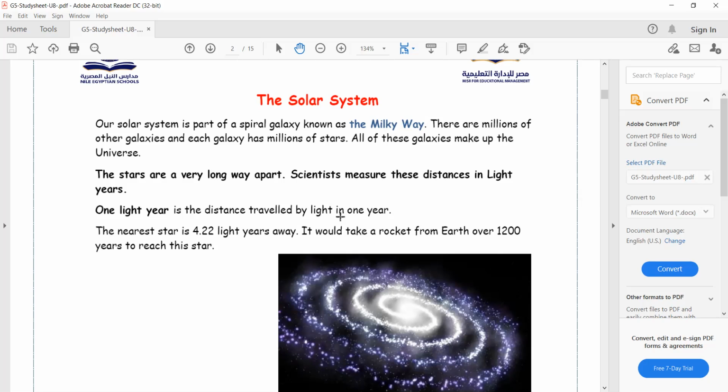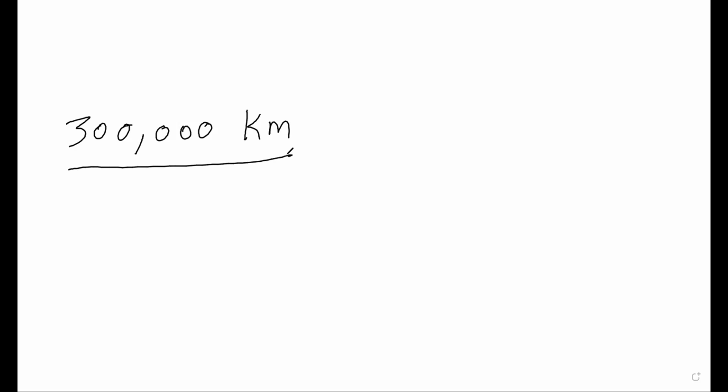If we look here at the whiteboard, the light can travel a distance equal to 300,000 kilometers per 1 second. So this is the distance that is covered by the light in 1 second.